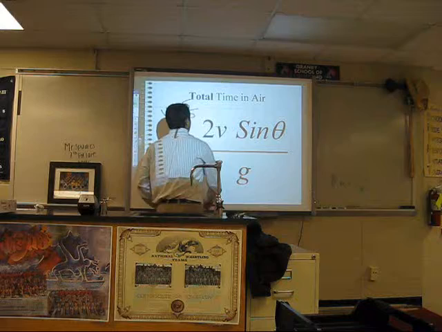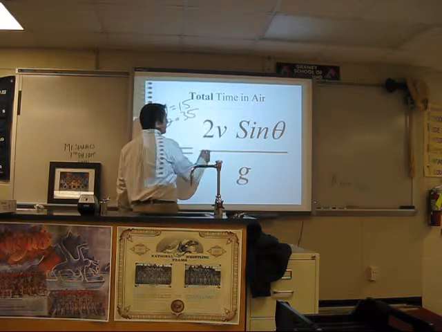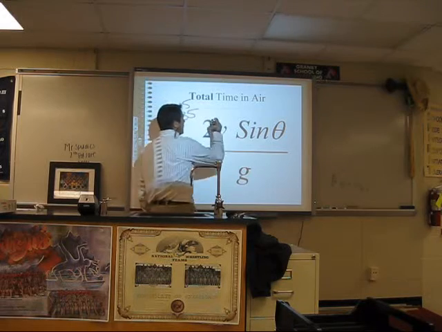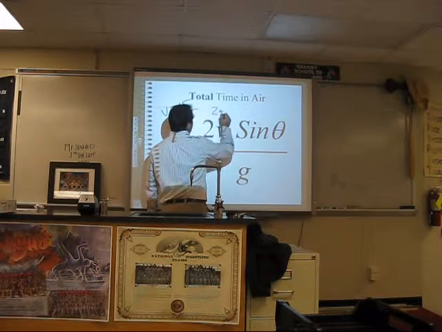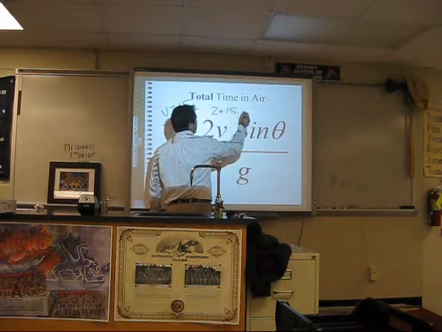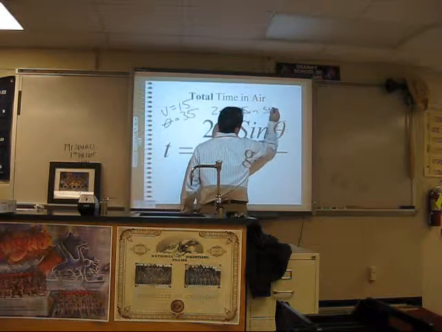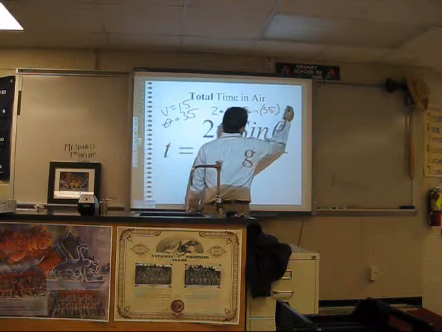All right. So if we have the same velocity and the same angle, and now we want to figure out time, it'll be 2 times 15 times the sine of the angle, 35 degrees, divided by 10.